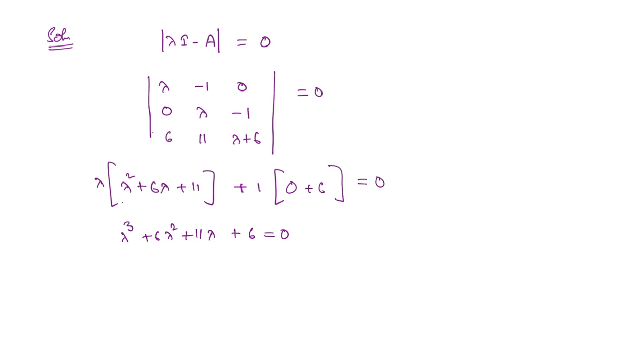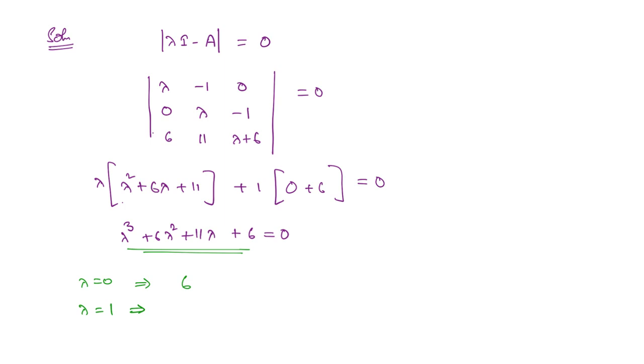Now since this is a third order equation, how do you get the roots? First you have to try different random roots, trial and error method, okay? Once you get one root, then you can get the other two roots easily. So let us first try 0. If you put lambda is equal to 0, this function will become 6, so 6 is not equal to 0. Now if you put lambda is equal to 1, this will not be correct anyway because all of the terms here are positive, so it will not become 0.